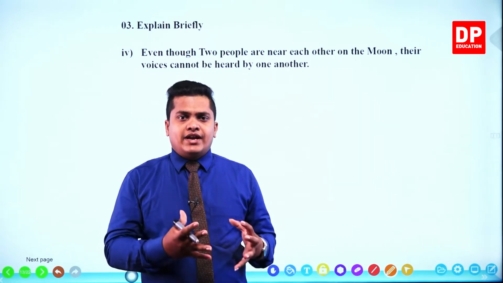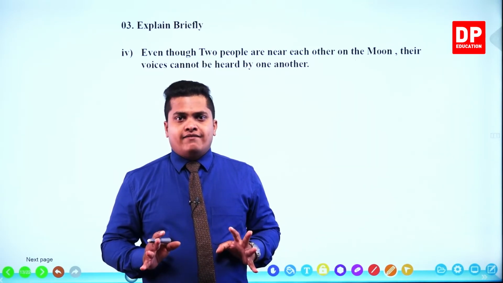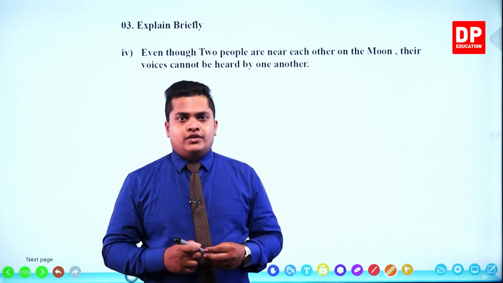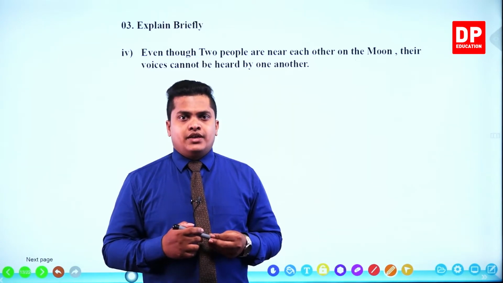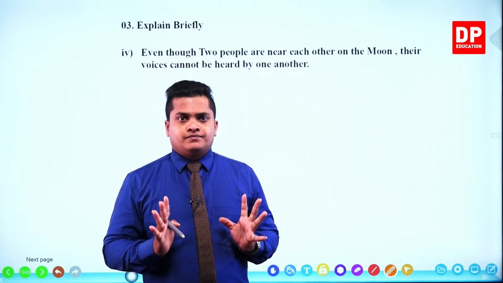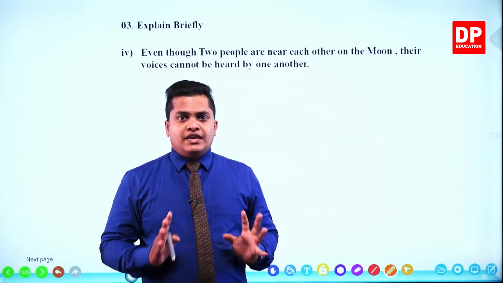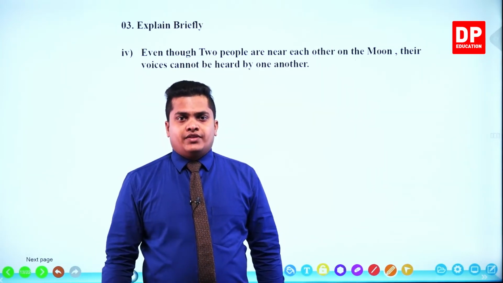Earth has an atmosphere, but the moon doesn't have an atmosphere. So there are no air particles on the moon. So sound cannot be heard clearly, or sound will not travel at all, even though the two people are near to each other.